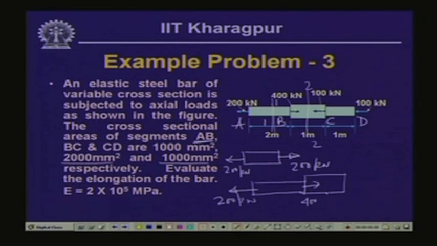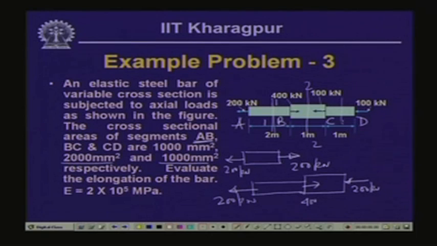So, the resulting force we have is 200 kilonewton acting in the opposite direction. So, it has to be balanced. So, this has to be 200 kilonewton. So, this has a compressive force of 200 kilonewton.